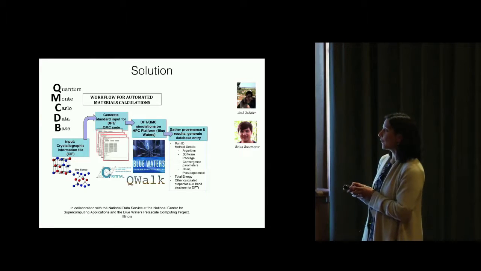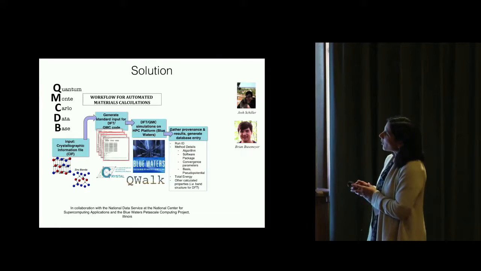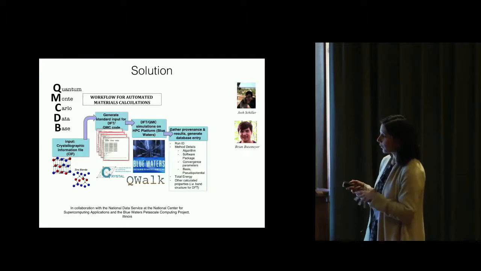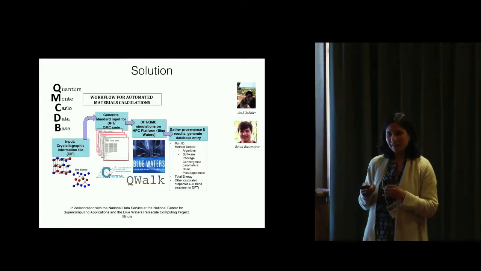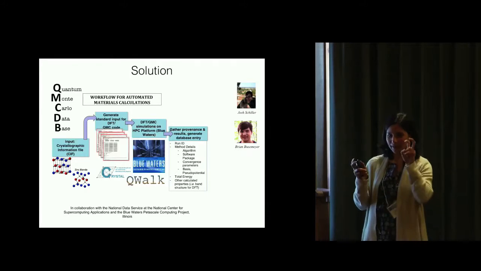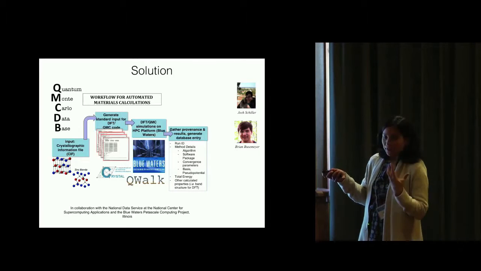We take the results of those DFT calculations, the orbitals, and from that we assemble our trial wave function, and then we perform the QMC simulations on Blue Waters using the QWalk code here. At the end of the day, we gather all the provenance and the results and generate a database entry, which goes into a JSON file. And this gives us in our community a nice way to systematically assess what it actually takes to get the calculation right. You know, what are the best practices for using the method across these different types of materials.